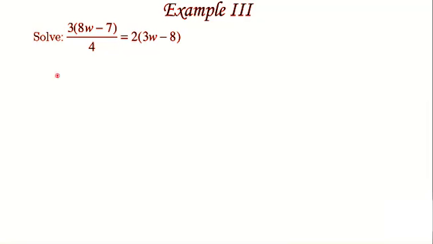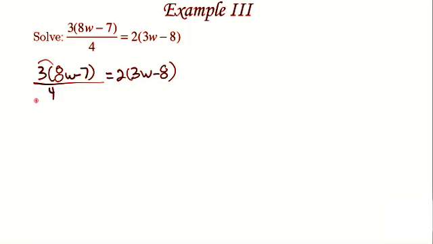Okay, in this next example we have 3 times (8w minus 7) over 4 equals 2 times (3w minus 8). Once again, I'm going to remove the grouping symbols first using the distributive property. Remove the parentheses. 3 times 8w is 24w. 3 times negative 7 is negative 21.